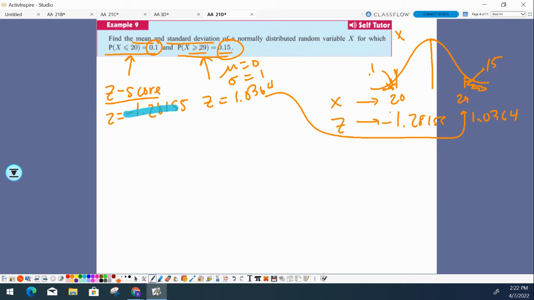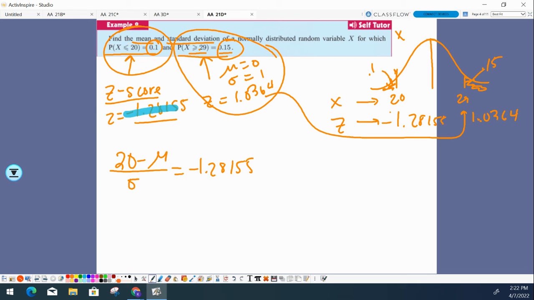All right, so then what we're going to do is write 2 equations with each of these. So I'm going to make one equation with this one where x is 20. So that means 20 minus mu over the standard deviation equals this corresponding z-score. Now I'm going to write another equation using this one.